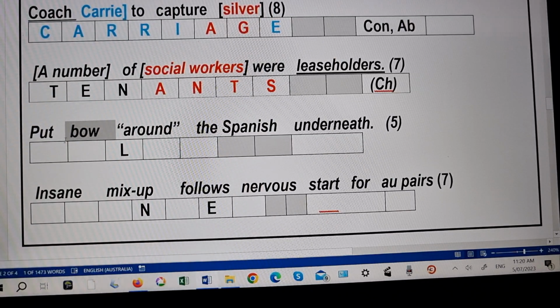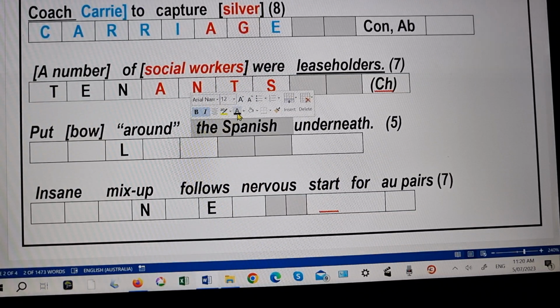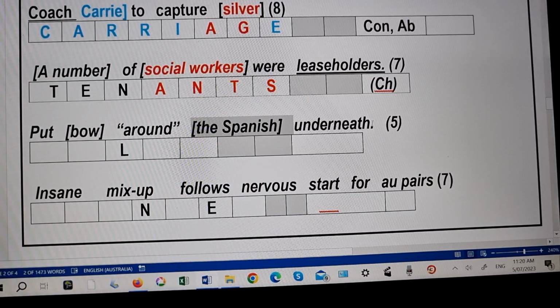I mean, that could be bow, we don't know. Bow or bow. Bow, I'm thinking of bow of a ship, but that could be a bow put in your hair. And the Spanish, we know that's an abbreviation. What's the abbreviation for the Spanish? You got it? Anyway, that means that this underneath is going to be the key. And that's what we're after.